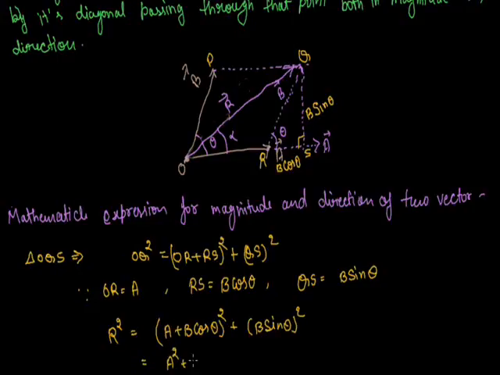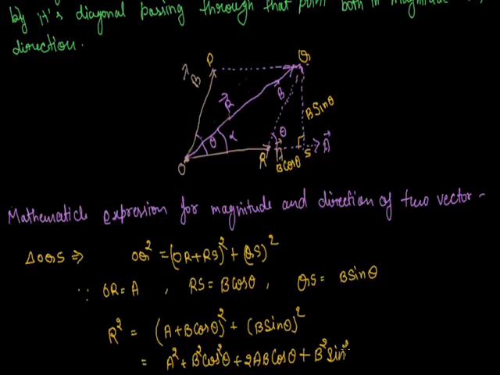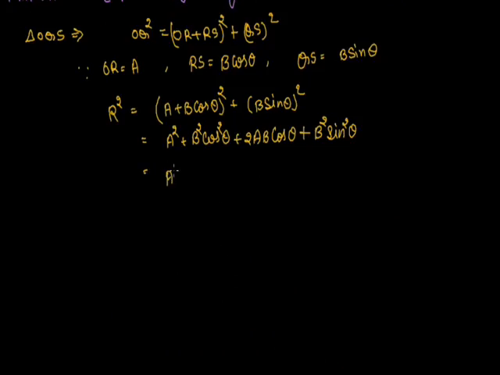A square plus B square cos square theta plus 2AB cos theta plus B square sin square theta. So A square plus B square common of cos square theta plus sin square theta plus 2AB cos theta.